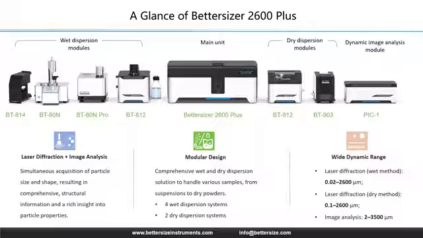A key upgrade here is the integration of laser diffraction and image analysis. With the optional Peak 1 module, it measures particle size and shape simultaneously, extending the upper measurement range to 3,500 microns. Whether for suspensions, emulsions, or dry powders, this versatile system covers it all.